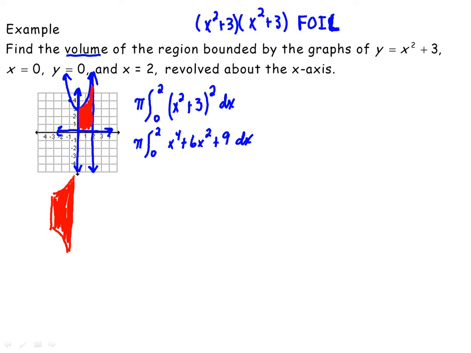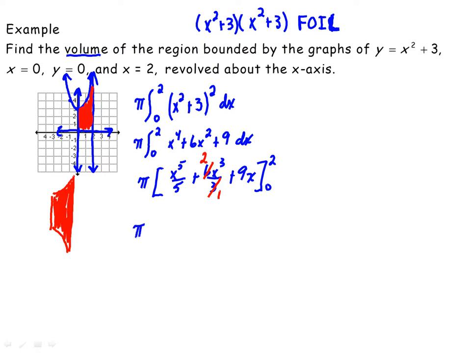All right, now we can integrate. So we'll have x to the 5th over 5 plus 6x to the 3rd over 3, and you know that's going to cancel, plus 9x from 0 to 2. 3 will go into 6 2 times.